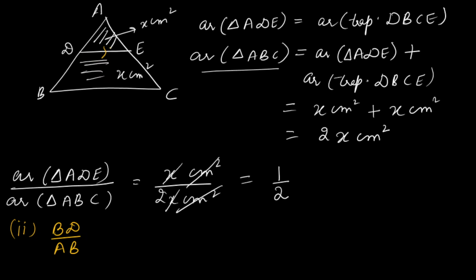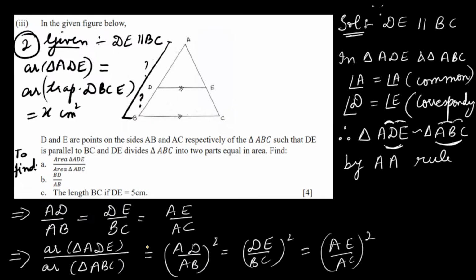Now I told you earlier also, if DE is parallel to BC in a triangle, what we can do is make use of the 1 is to 4 result. Okay, so how 1 is to 4?